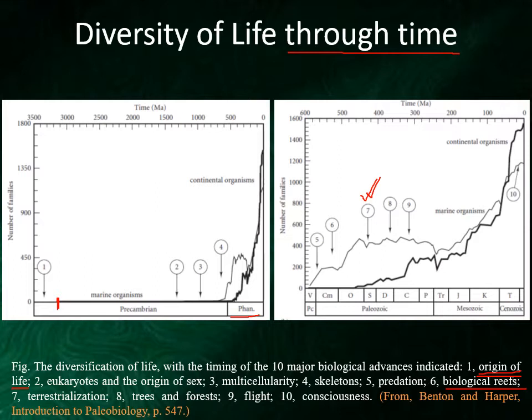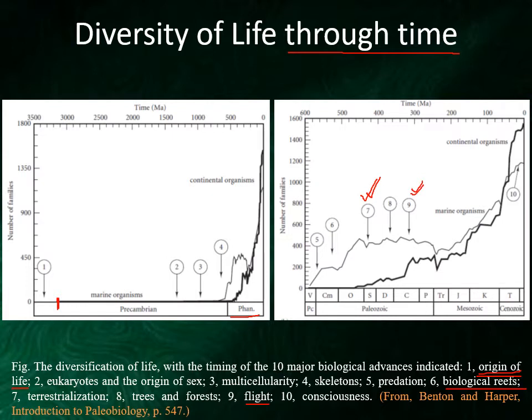So life must undergo some sort of modifications to cope up with this new changing condition, that is known as terrestrialization of life. So that is a major step in the journey of life forms. Next is the appearance of trees and forest, and next is the appearance of flight in organisms, that means the birds appeared almost during this time.